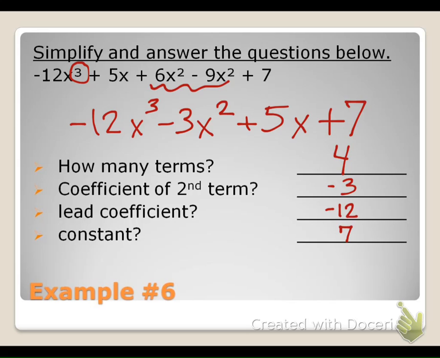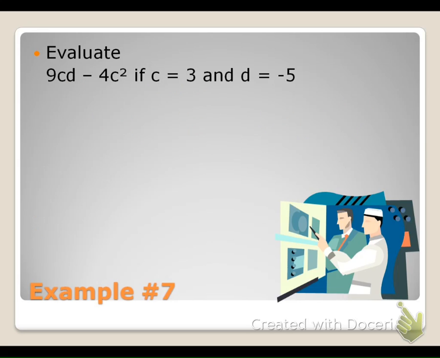questions? For example 7, it says evaluate. What does that mean? Solve. Solve. When we solve, we usually find out what the variable equals, but here they already told us what the variable equals.